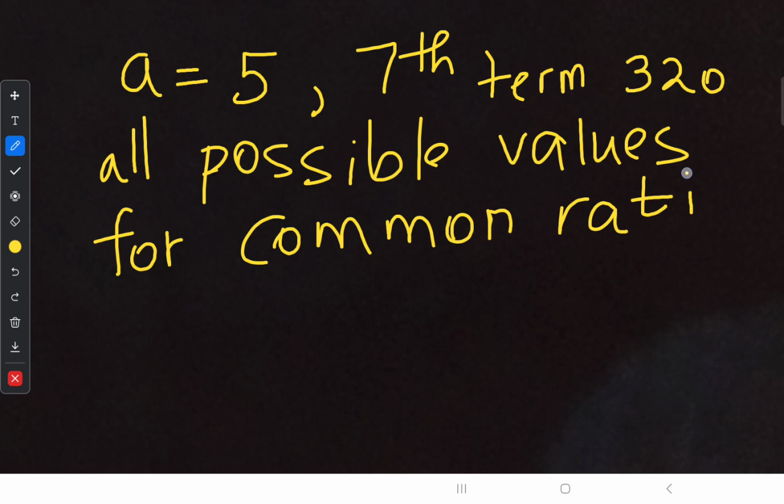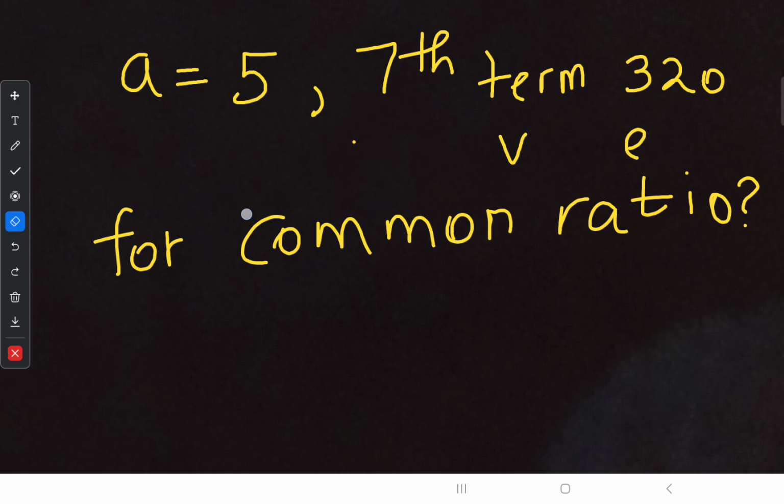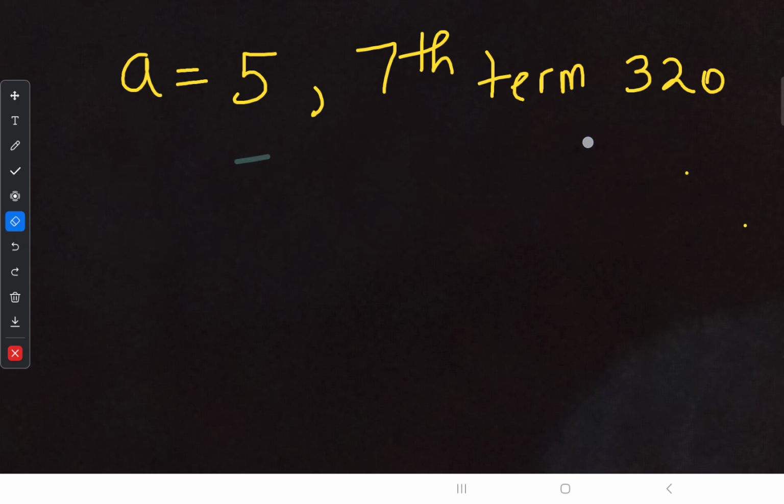Just think about it and try this. When you look at this question, it's not much difficult. A equals 5, seventh term 320. We need all possible values for the common ratio.